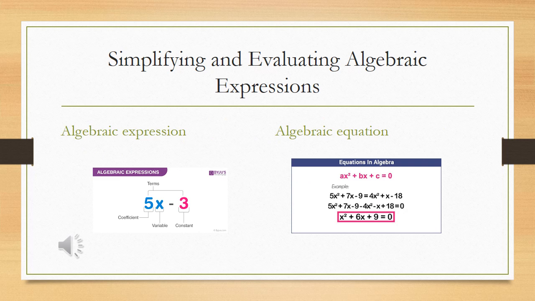So class, simplifying and evaluating algebraic expressions. First of all, we need to know the difference between an expression and an equation. The basic difference is the equals sign. In an algebraic equation, we are balancing two things, that's why we add the equals sign.